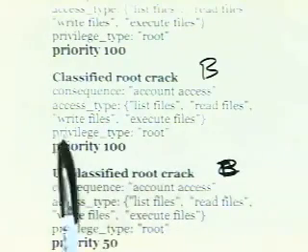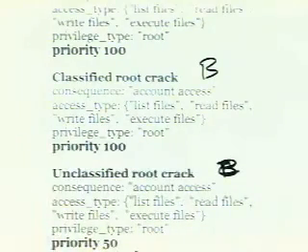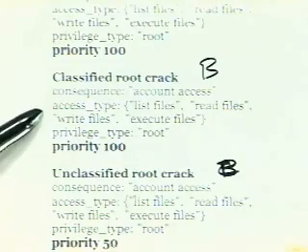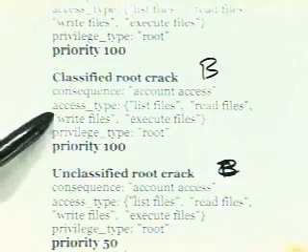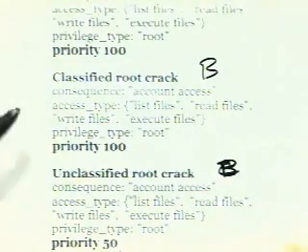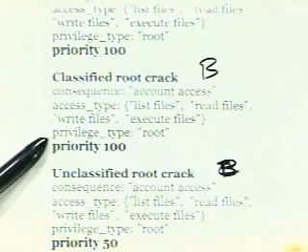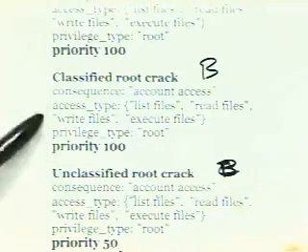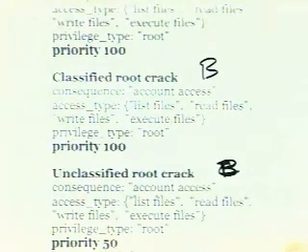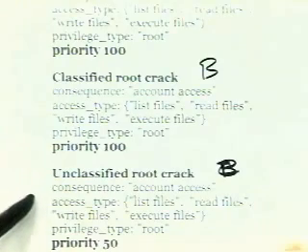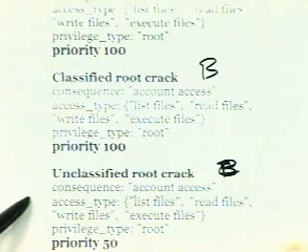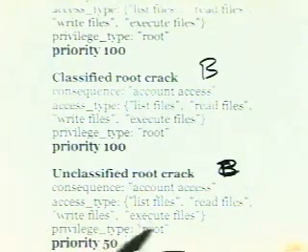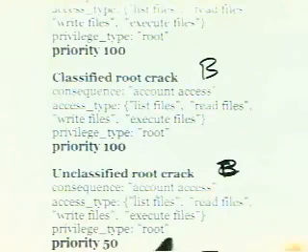Now, if you notice, they all have the same consequence. They have the same access type, that is, they can list, read, write, and execute files, and the privilege type is root. So I can query the database, and no matter how you name the risk type, I can request, well, how much did the incidents that involved account access of privilege type root cost, or how many were there last year?